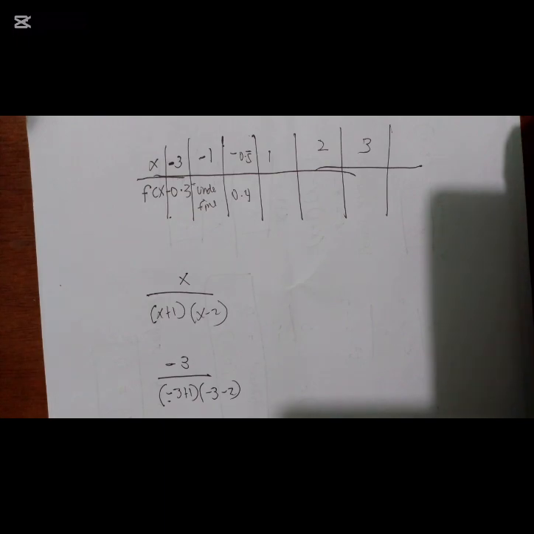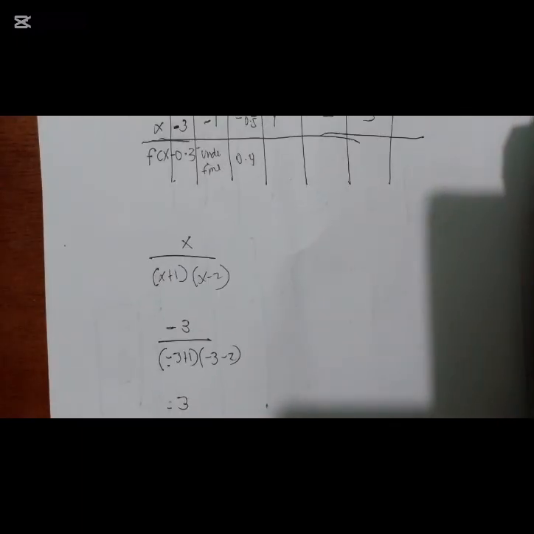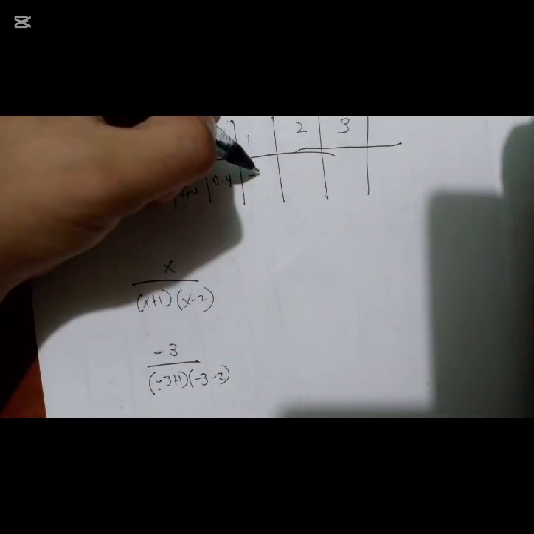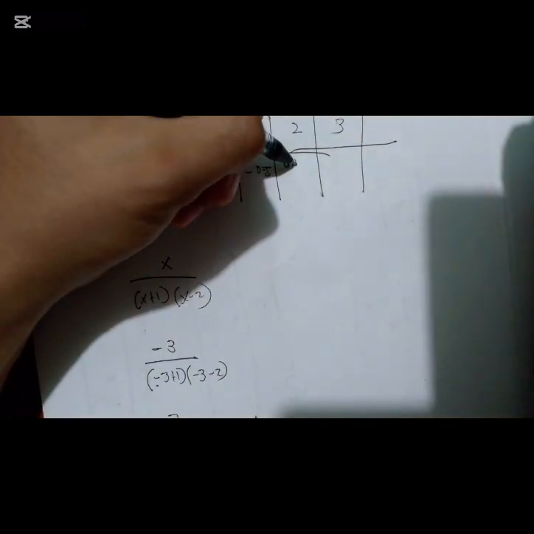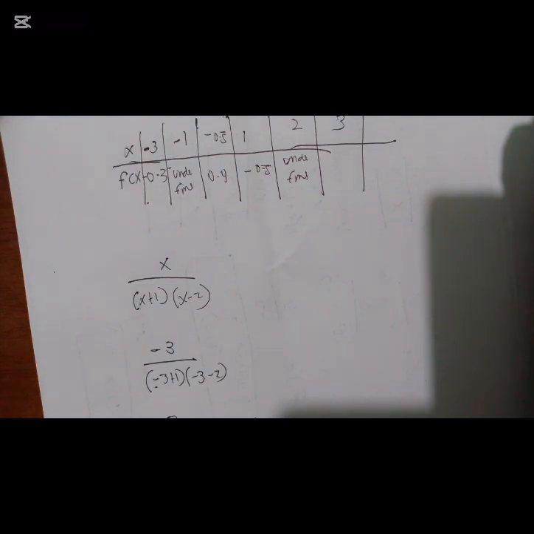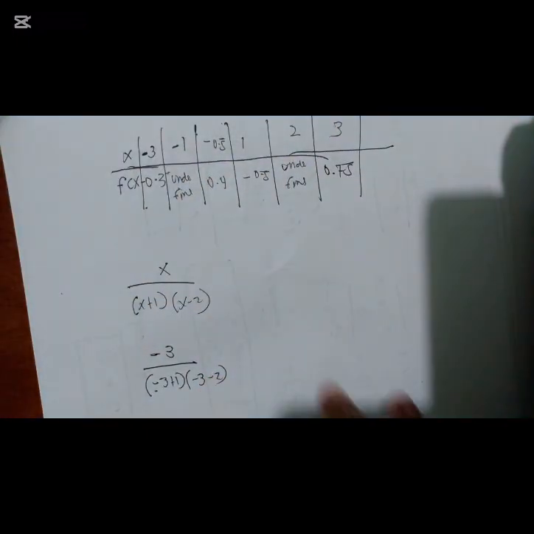Same process for negative 0.5 as with negative 3, and it comes up to 0.4. If we put 1, the answer will be negative 0.5, same process, and 2 is undefined, because it is another vertical asymptote, where x equals 2, a zero of the denominator. If we input 3, it will be 0.75.